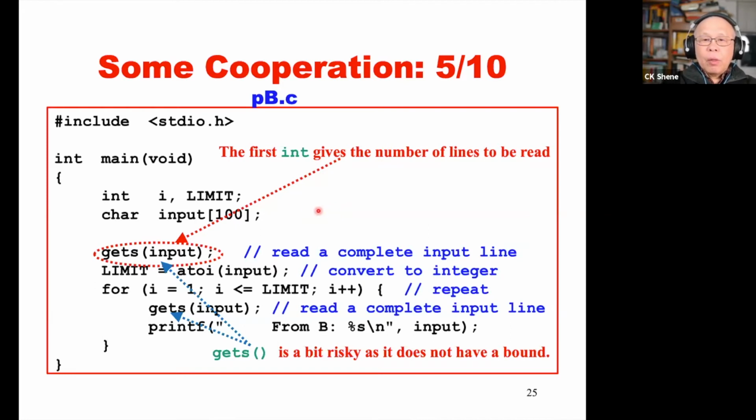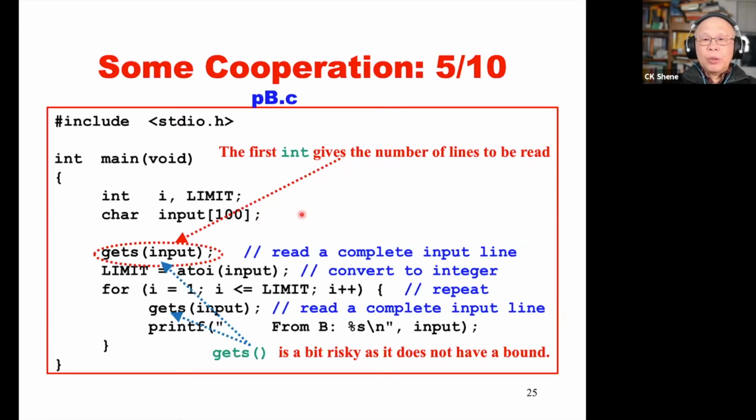So these 51 characters would be stored somewhere after this input array, which has the potential to overwrite existing information stored there. This is very risky because the information destroyed by these extra characters could ruin your program execution, and could also override some of the existing variables' values. So never ever use gets.